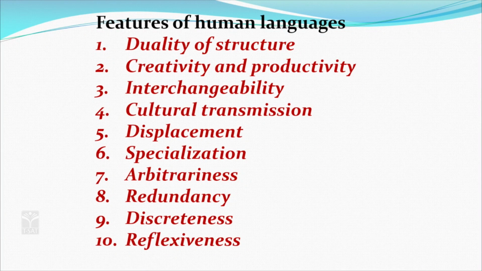Duality of structure, creativity and productivity, interchangeability, cultural transmission, displacement, specialization, arbitrariness, redundancy, discreteness and reflexiveness. When we are talking about a defined human language, it has to have all these features. Now, let us see them in detail.